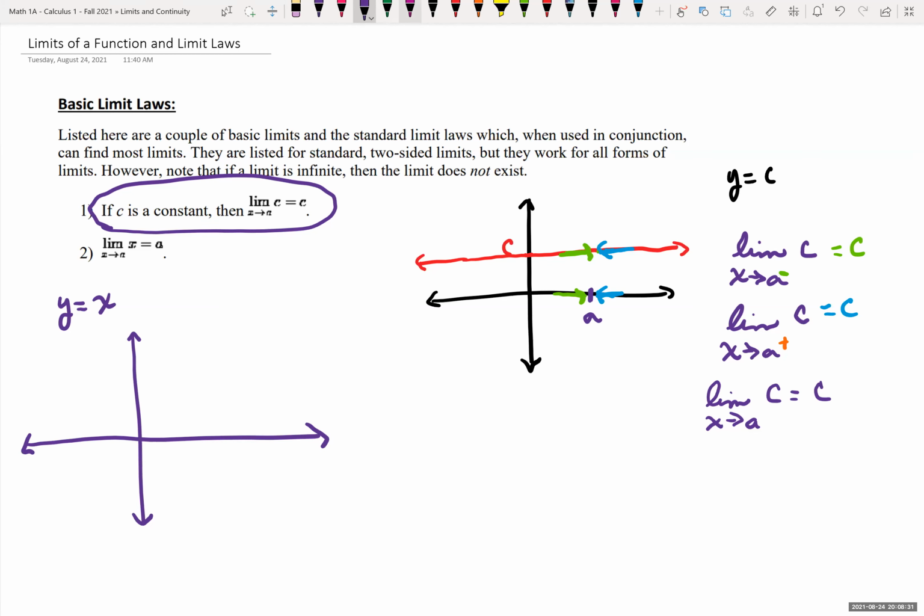Think about it, plotting points, right? When x is 0, y is 0. When x is 1, y is 1. x is 2, y is 2. And that line is going through the third and first quadrant. When x is -1, y is -1. So we have, right, just a line here.